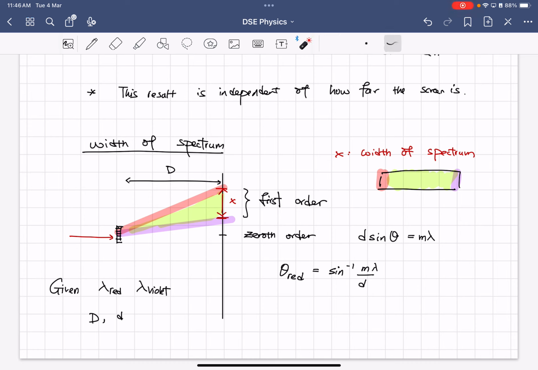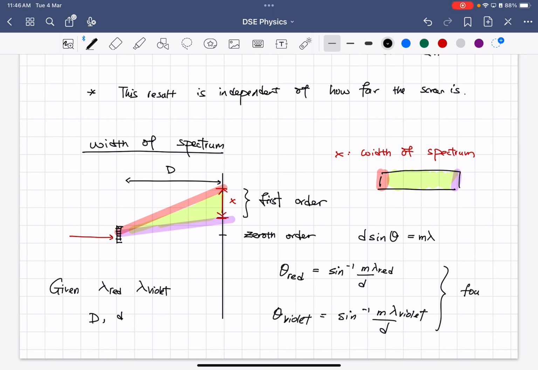I'm talking about the first order, so I just make m equal to 1 later. And I can also find theta for the violet light, with the violet wavelength. So you can find these two angles with a direct application of the diffraction grating formula.